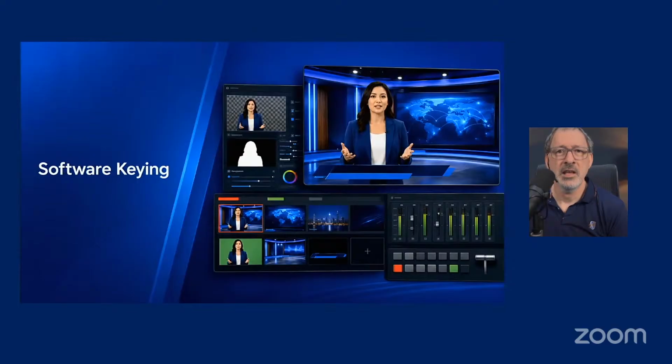This is what the products that are at the mid-level, the vMixes, the VizRTs. With respect, I don't think the Mimo Lives and the OBSs really have the definition to do it to this level. So these are software apps, but they're expected now to be running on, what should we say, more professional hardware, more higher spec equipment that can really process the graphics at a decent lick.